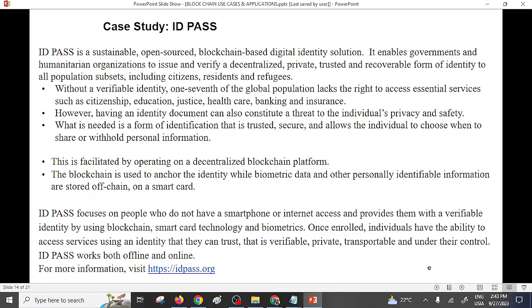This ensures they can verify identities, and the trust from this blockchain technology can help deal away with these issues of trust. So this is just one case study, the ID Pass.